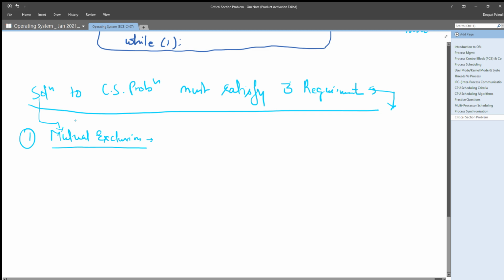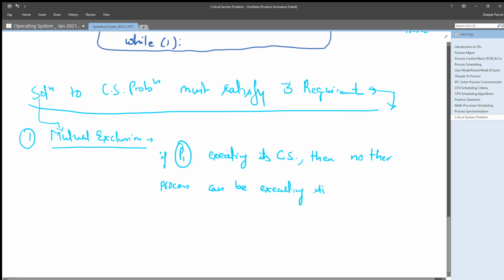So in other words, we can write it: if P1 is executing its critical section, then no other process can be executing its critical section.